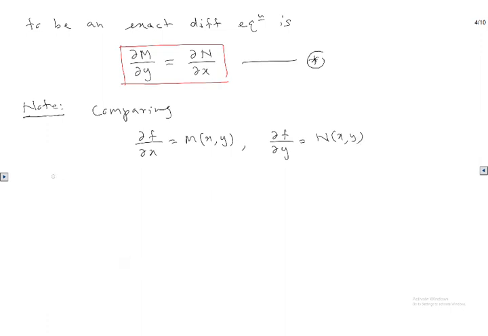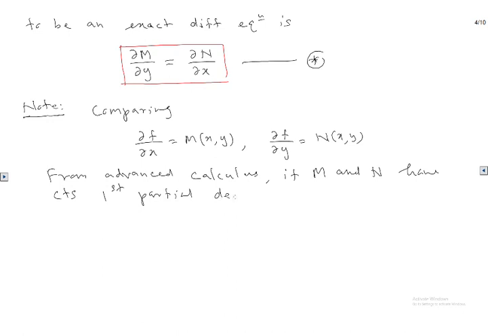Now from advanced calculus, if M and N have continuous first partial derivatives, then we know, as we discussed in the characterization also, that the mixed second derivatives are equal.